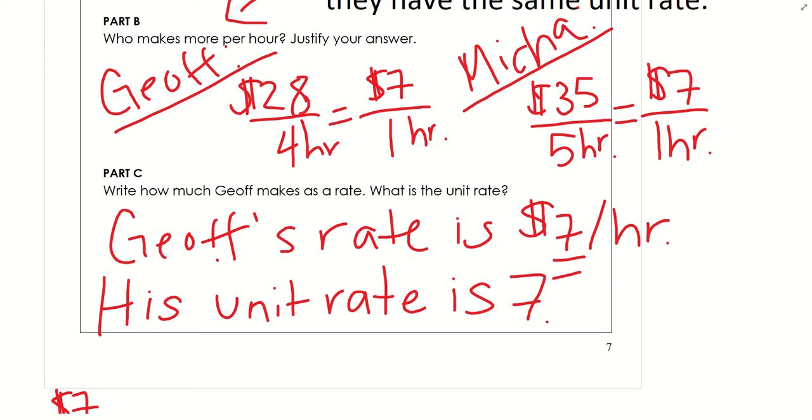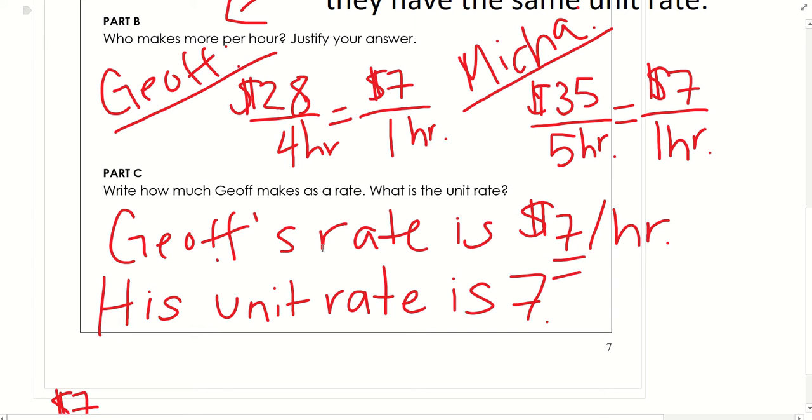On the test on Monday, when you have a question just like this, you need to make sure that you are specifying what is the rate and what is the unit rate, because you will have a question that will ask how much or how often. It'll ask a rate question, and it'll say what is the rate and what is the unit rate.